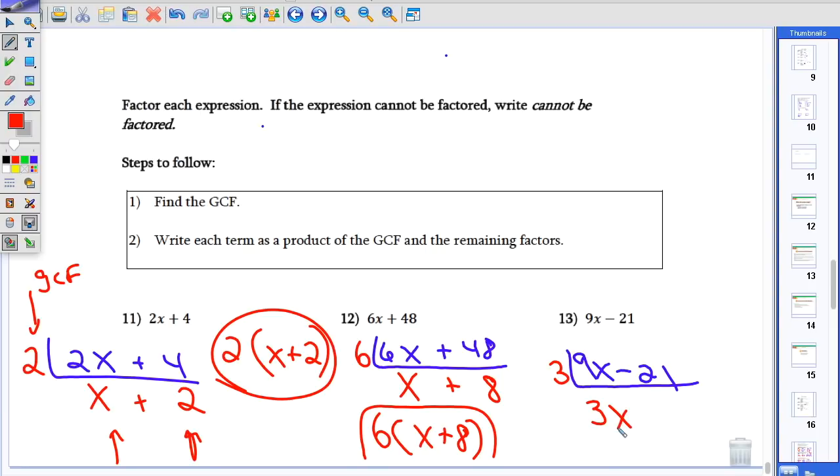Take 3 out from 21. The other factor that's left is 7, because 3 times 7 is 21. So we rewrite our answer. Our GCF is 3 out in front, and our remaining factors 3x minus 7 in parentheses. So our final answer is 3 times the difference of 3x and 7.